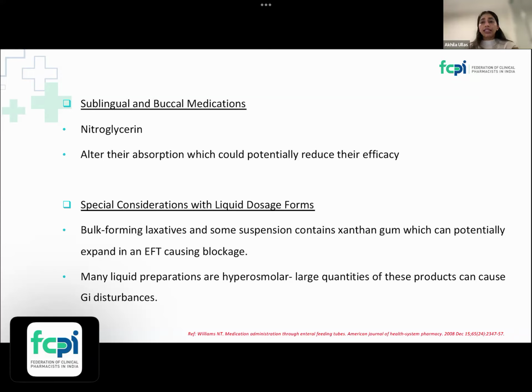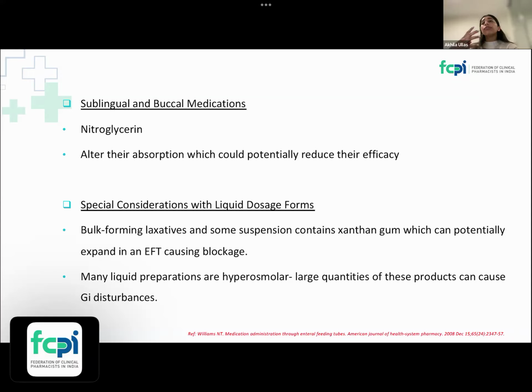Bulk forming laxatives are mainly used in these patients. Some laxatives or suspensions contain xanthan gum, which can expand in the tube and cause blockage. Some liquid preparations are hyperosmolar, so if you give large quantities of these products, it may disturb the GI tract also.